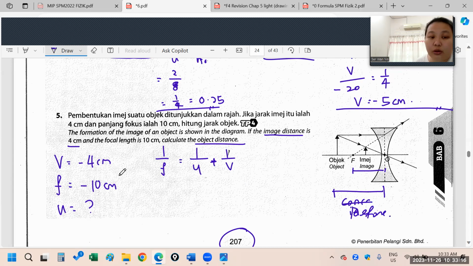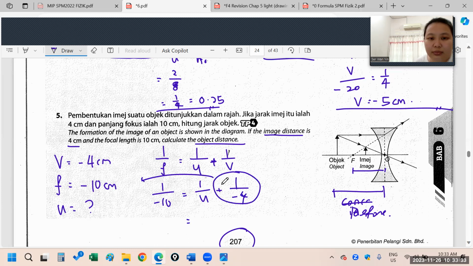So if you put all negative, you can. Don't put negative also can. So 1 over F is 1 over negative 10 equals 1 over U plus 1 over negative 4. So we move this to the other side, plus minus minus, so it will be 1 over 4 minus 1 over 10.